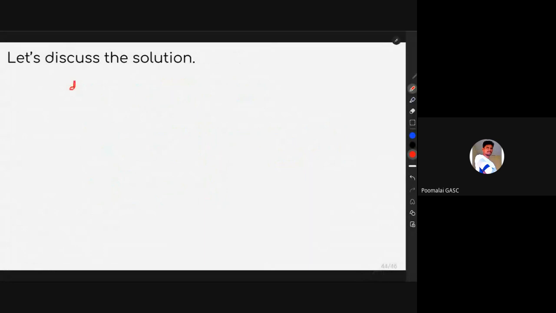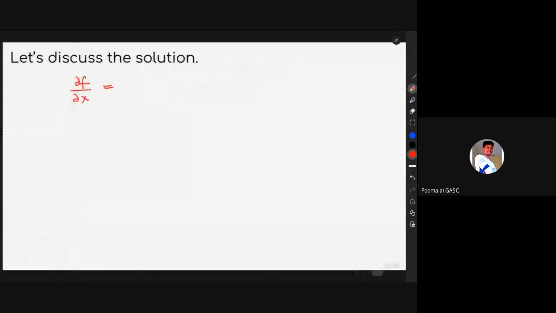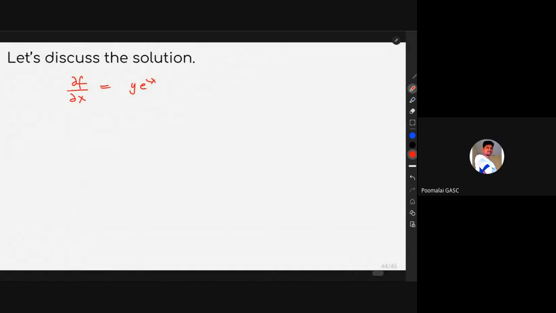So the partial differential of f with respect to x will be this, and the partial differential of f with respect to y will be this.